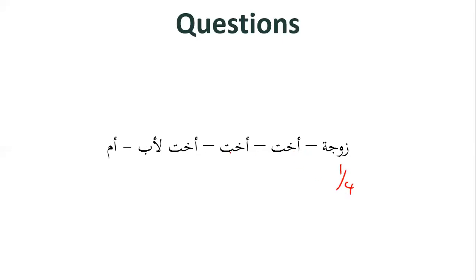Over here we have أخت لأب. So these two ukhts over here would receive 2/3, leaving nothing for the أخت لأب, who would become mahjub, and would receive 1/6.